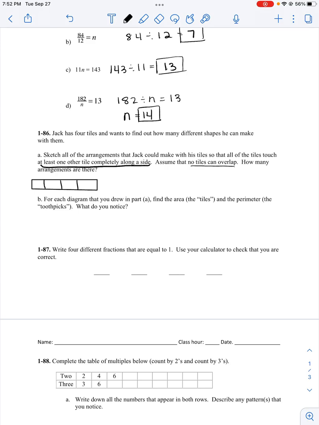My tiles are not even. I will redraw them. Okay. So that's one way to draw them. I could draw them like this. And any of these can be turned on their side. Could draw it like that.